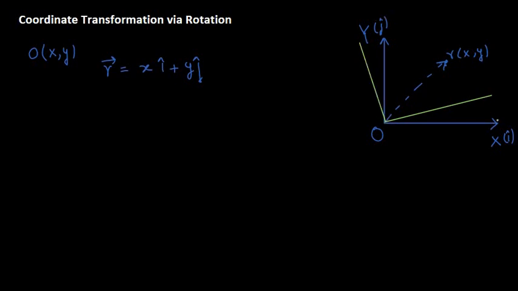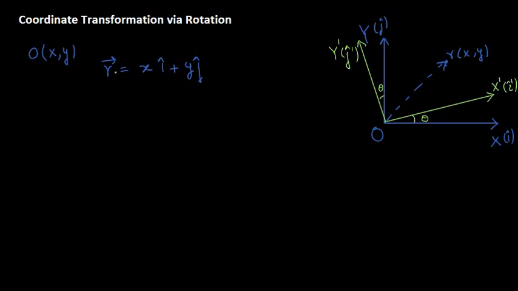It means that the x axis is rotated by an angle theta. Similarly, the y axis also gets rotated by angle theta. Let's call this new system x prime and y prime. These directions will be i prime and j prime.